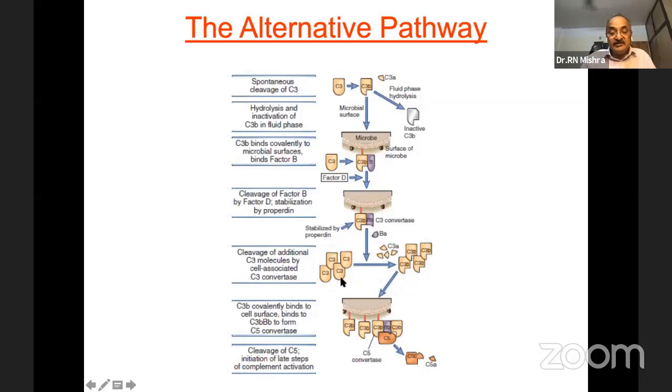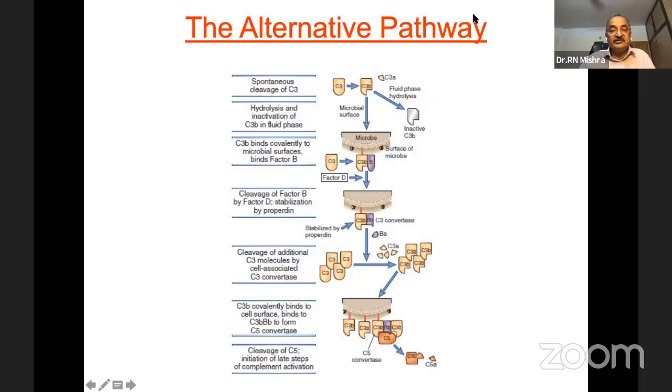And this cleaves many molecules of C3 into C3b and C3a. And you have got an amplified, or many, molecules of C3b, which can bind to C3b on the microbial surface and engage Bb to add on C5 to form C5 convertase.